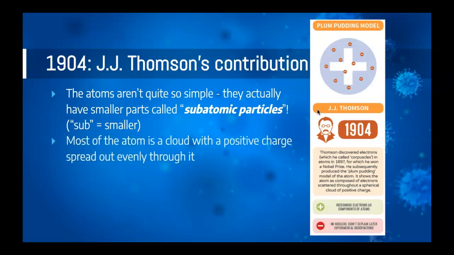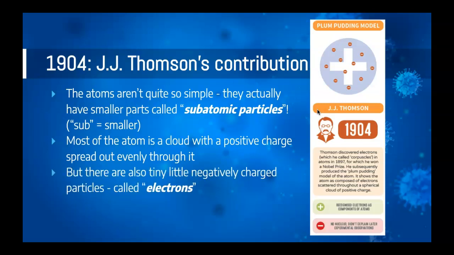He still thought of the atom as basically a round, spherical type thing, but more like a cloud with a positive charge, and that positive charge was spread out evenly through the particle. But he also thought that there were these tiny little subatomic particles that we now call electrons that have a negative charge.